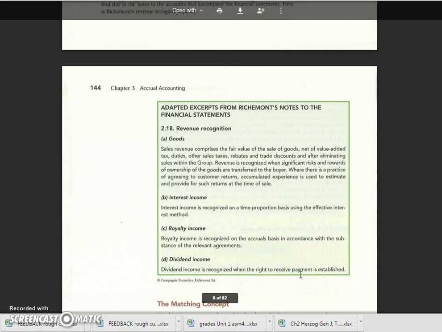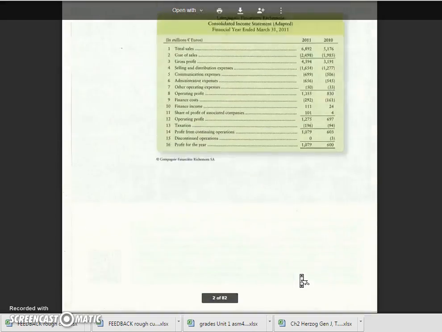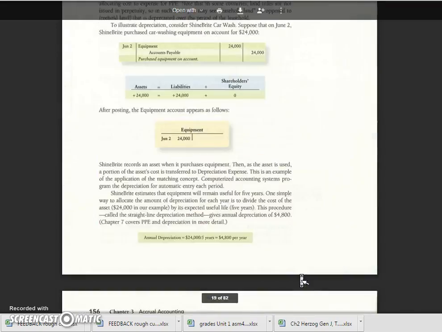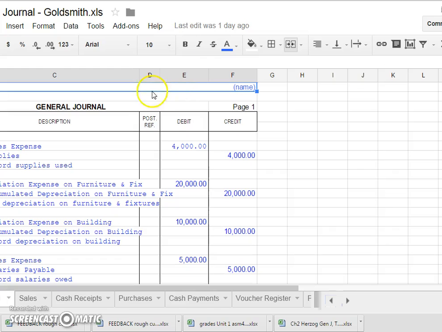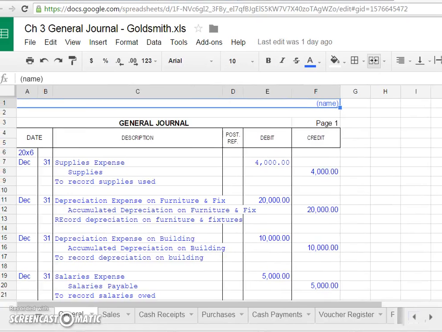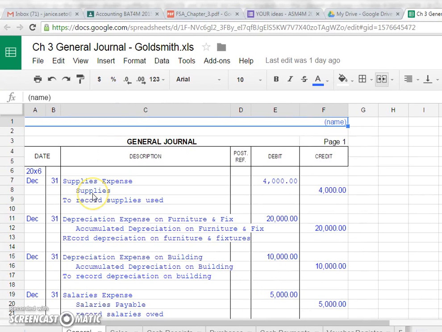So for example, let me go back to page 170. What we see here is it gives you several things that happen. For the first thing, when they did an actual count of the supplies, there were only 2,000 in supplies left.